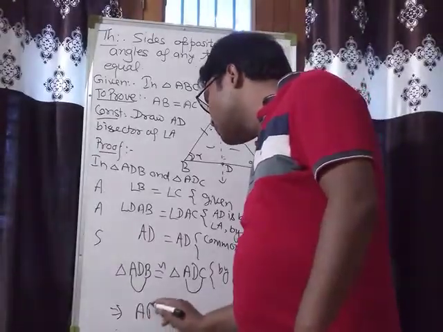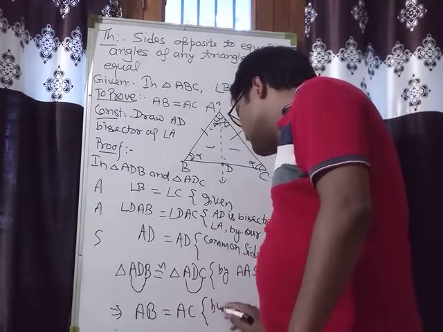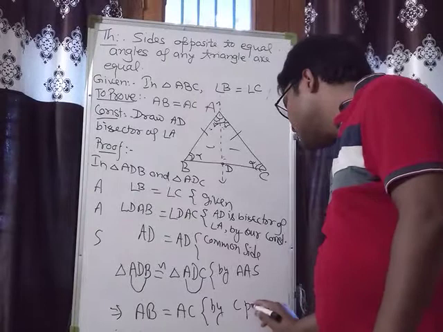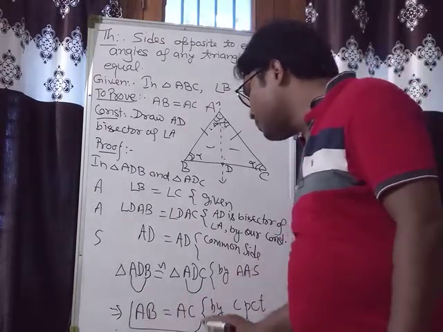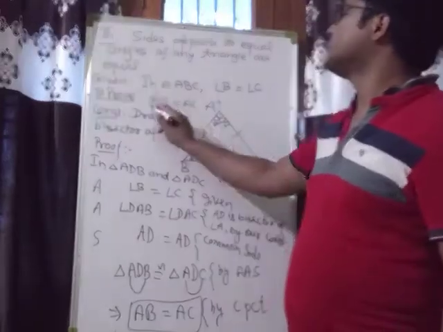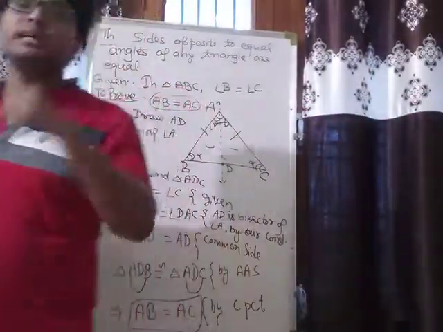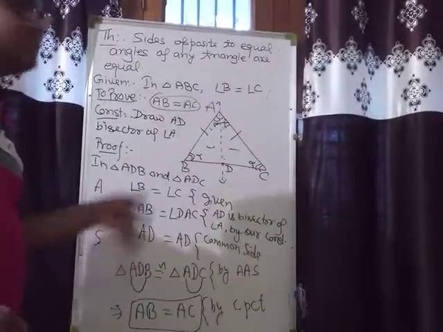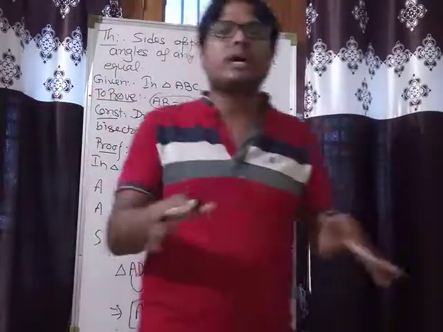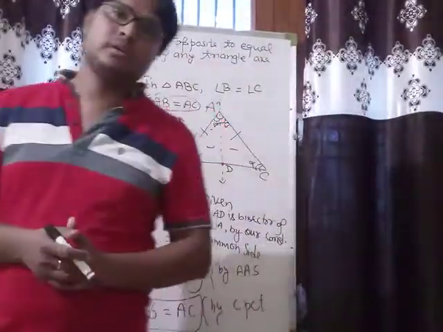So AB equal to AC by CPCT, corresponding parts of congruent triangles. और हमें क्या प्रूव करना था? यही प्रूव करना था कि अपोजिट साइड्स जो एंगल्स इक्वल हैं उनके अपोजिट साइड्स इक्वल होंगे, मींस AB is equal to AC.